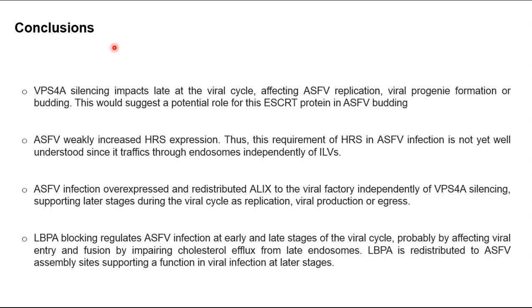LBPA is also redistributed to African swine fever virus assembly sites, supporting a function in viral infection at later stages. At the moment, these are our conclusions. We are still working on deciphering the possible involvement of this machinery in African swine fever virus infection.